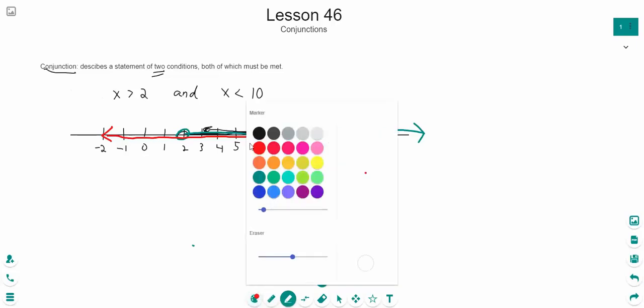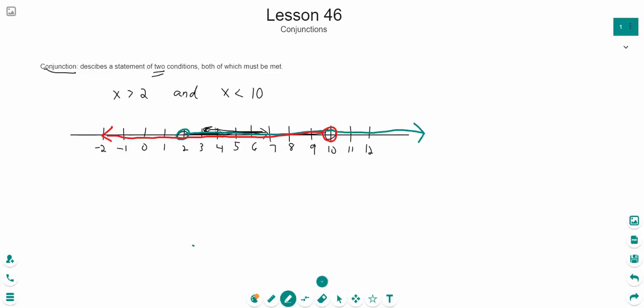Well, it's true where we have both the greenish line and the red line. In that case, anything in this area would make the conjunction true. Any number that we select out of this area would make this conjunction, x is greater than 2 and x is less than 10, true, right?